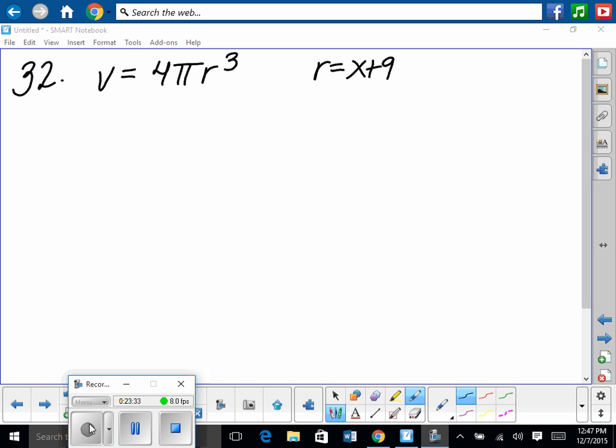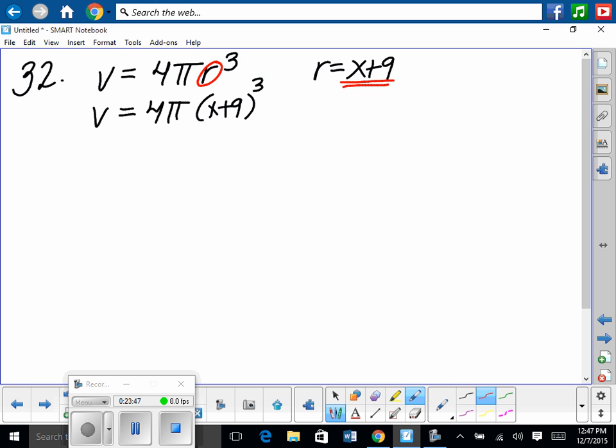So we're just going to plug it in. So we have volume equal to 4/3 pi times our radius, which is x plus 9, and that's cubed. Now once again, notice I just substituted in our radius because we were given the radius was equal to x plus 9. So instead of an r, I'm putting in what r is equal to, and that's x plus 9 cubed.